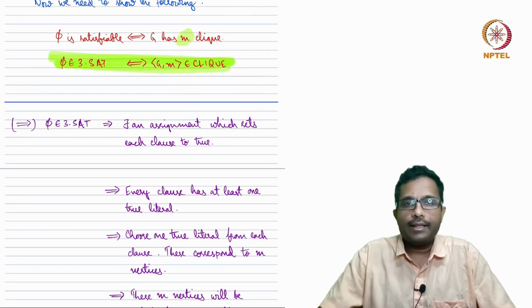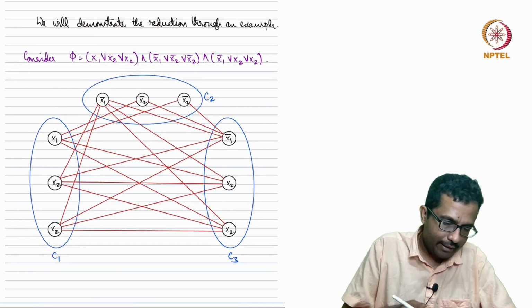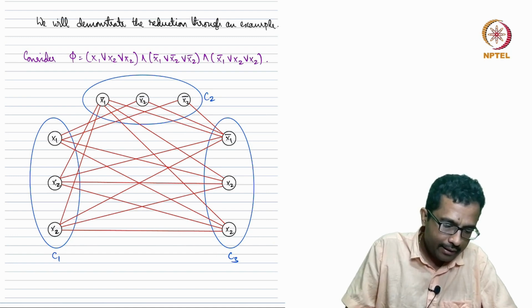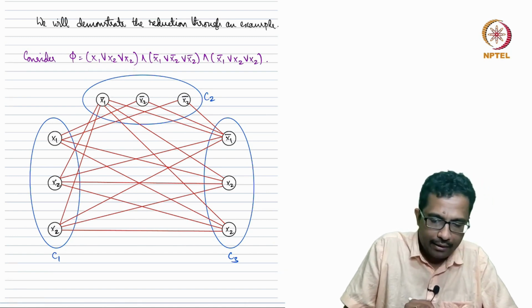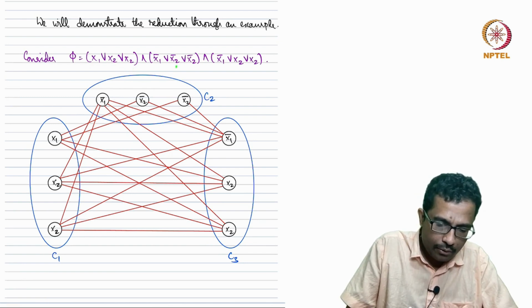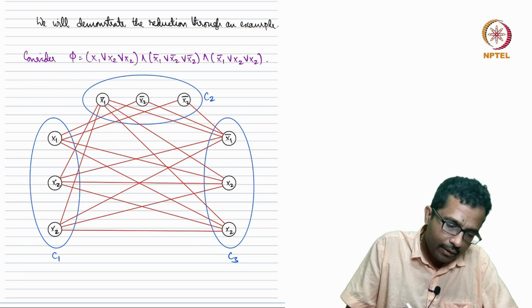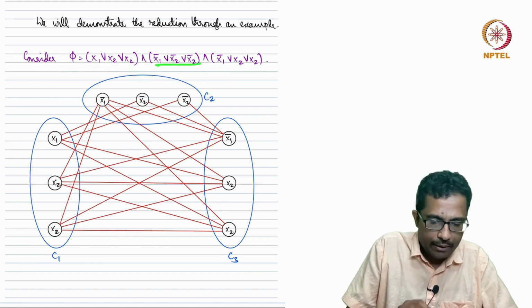So suppose phi is in 3-SAT. This formula is in 3-SAT actually, because it's a very simple formula. By making x1 true, you can make the first clause satisfied. But you have to make x2 true to make the first and third clauses satisfied, and you can make x1 false.